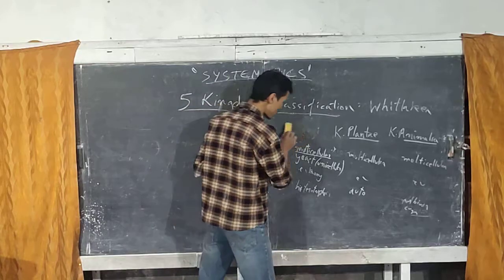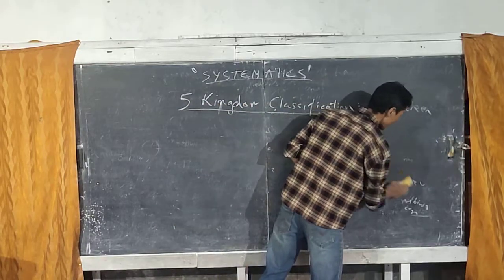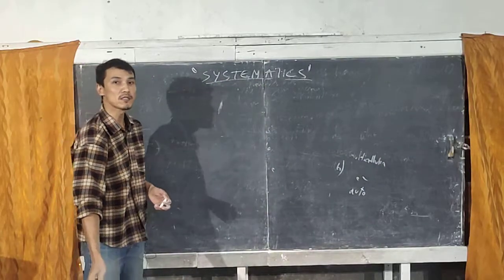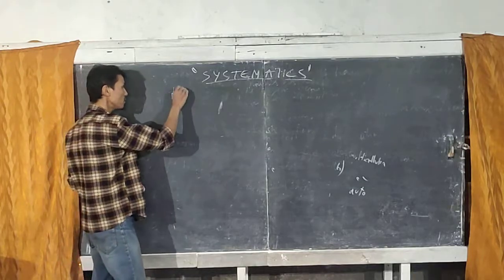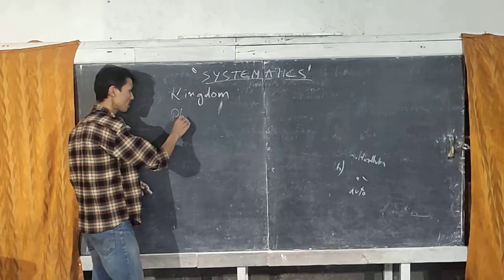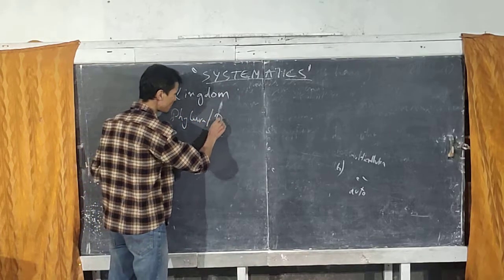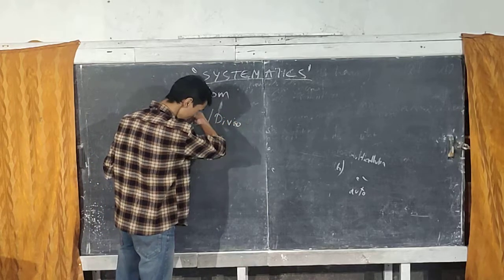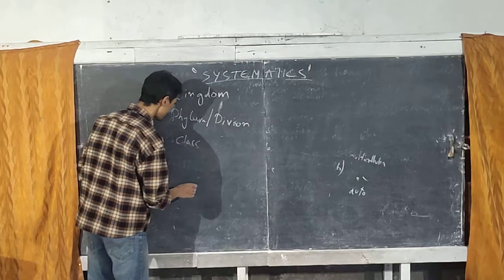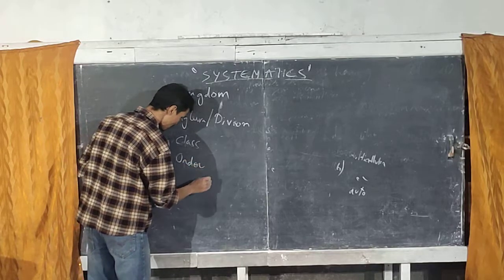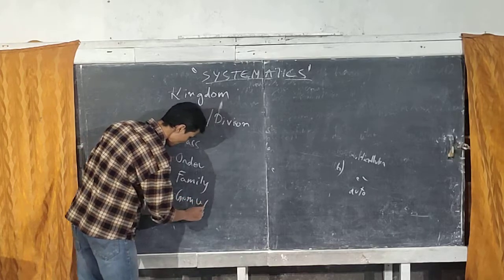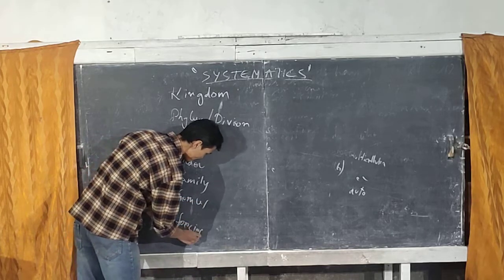Now moving on to the next part, we talk about hierarchy. By hierarchy, what it means is we follow a certain rank. So the first rank that is always involved is kingdom. The next one is phylum or division. Then class, order, family, genus and species.